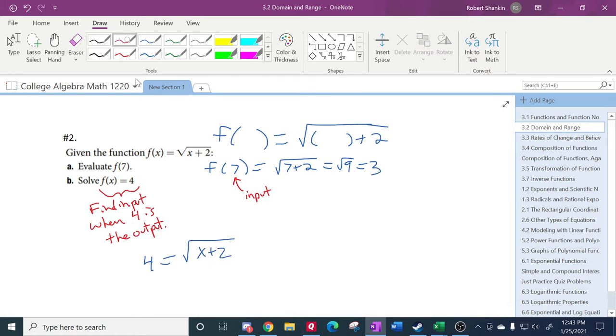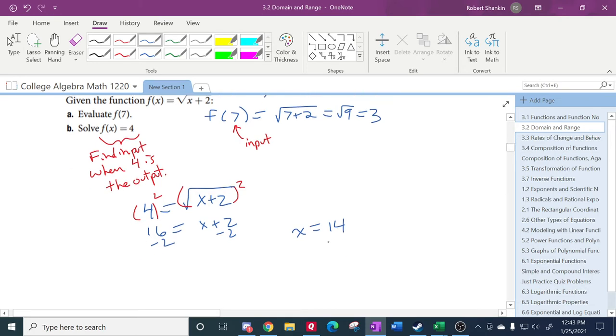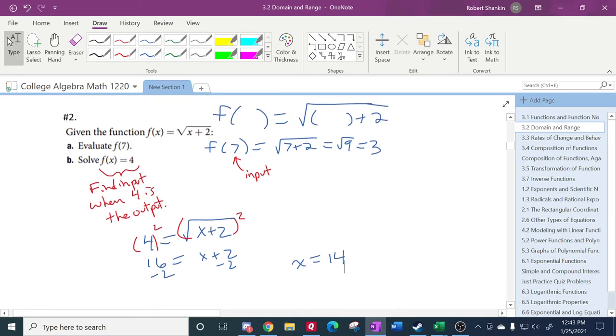And then we solve this by squaring both sides. And we get 16 is x plus 2, subtract 2. We get x equals 14. Now, what does this really mean? What did we accomplish?